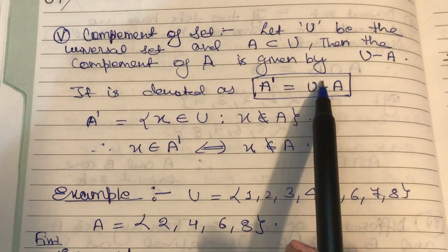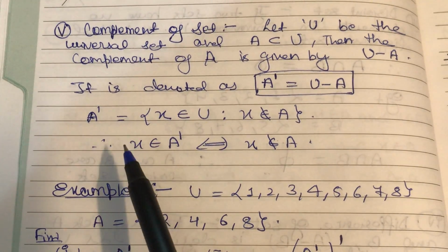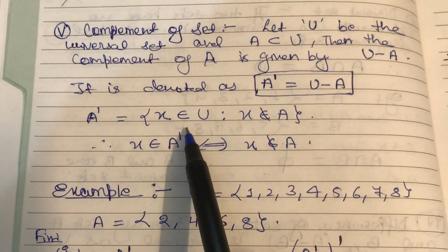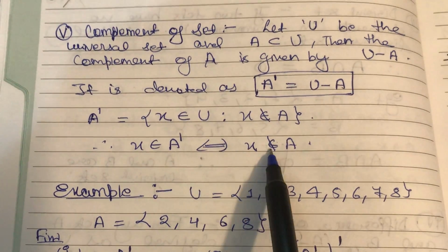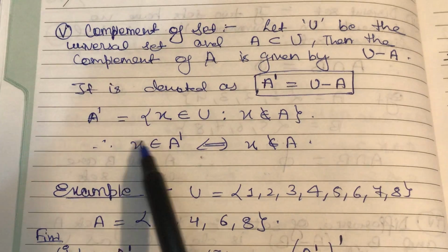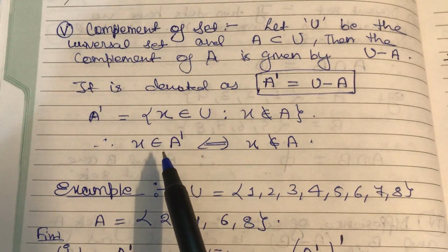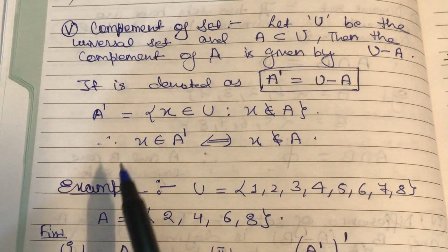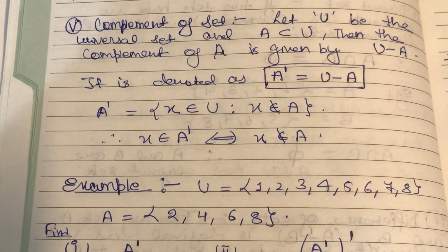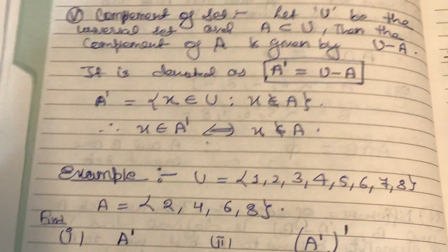Because we are subtracting it from U in case of complement, right? Therefore if X belongs to A dash, it should not belong to A. Either it must belong to A or it must belong to A dash, but the same element cannot belong to both because they are complements of each other. Just like we used to find the complement of angles, similar to that.